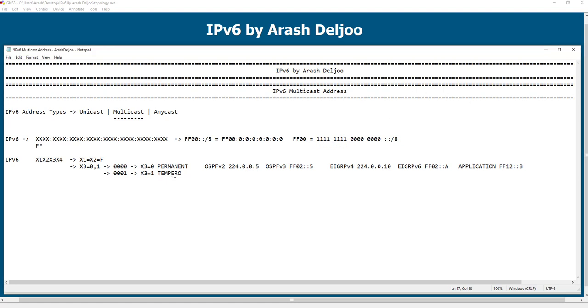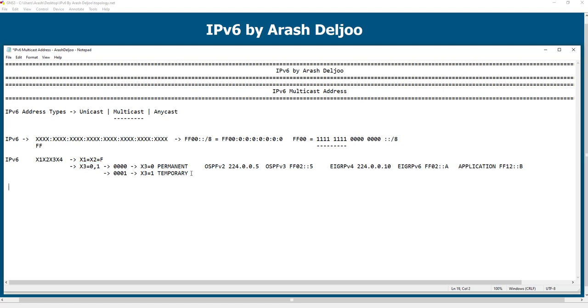So important: temporary. Okay, that's it. And don't forget, if you want to use an IP address with the third character 0, you should get that IP address from the IANA. You can't assign an IP address with x3 equal to 0. It's not correct. Okay, that's it. x3 means this IPv6 address is permanent or temporary.